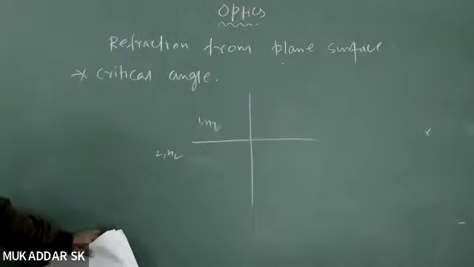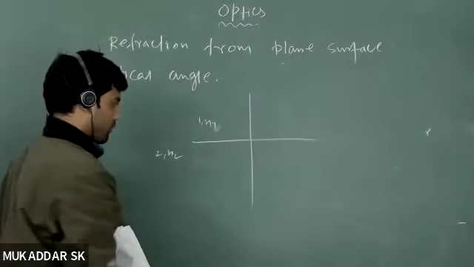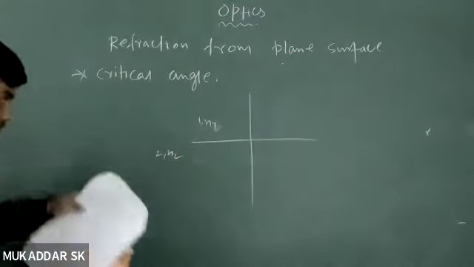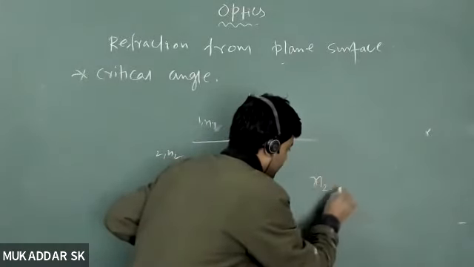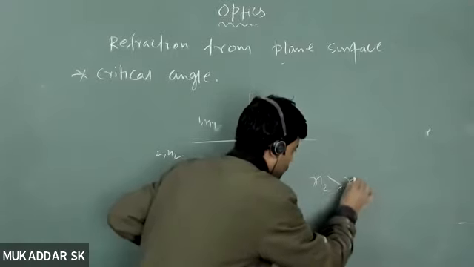Now, let us assume that medium 2 is denser and medium 1 is rarer. So for the denser medium, the refractive index will be greater than for the rarer medium.